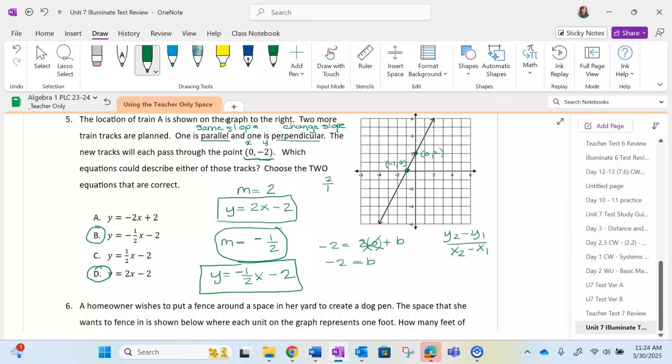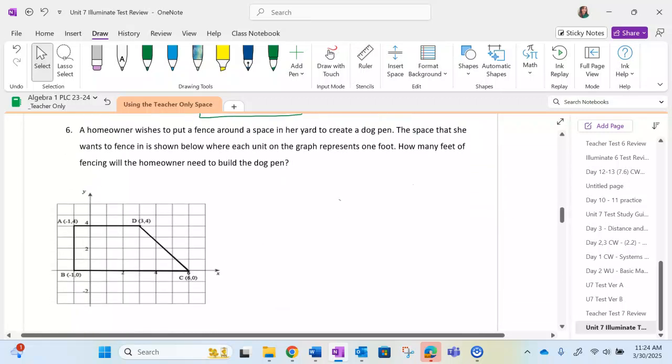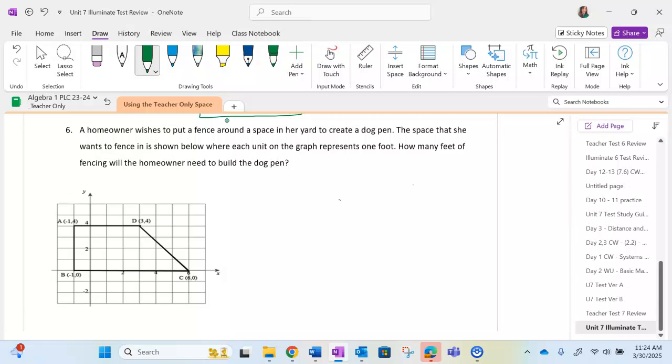All right, number 6. A homeowner wishes to put a fence around a space in her yard to create a dog pen. The space that she wants to fence in is shown below, where each unit on the graph represents 1 foot. How many feet of fencing will the homeowner need to build the dog pen?